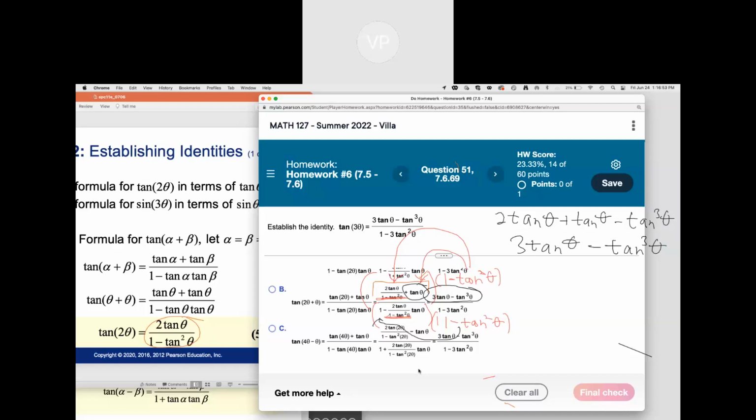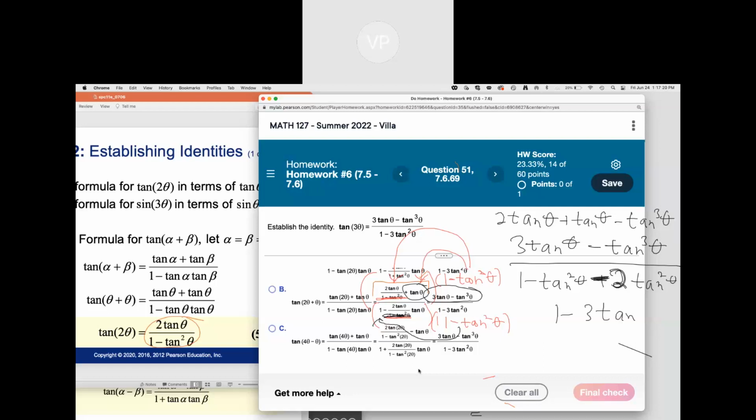Now we do the same thing on the bottom. When we move it to the 1, that's going to give me 1 minus tangent square theta. And when I do it over to this one, it's going to cancel. So all we're left with is the 2 tan times a tan. So that's going to be a 2, minus 2 tan square theta.